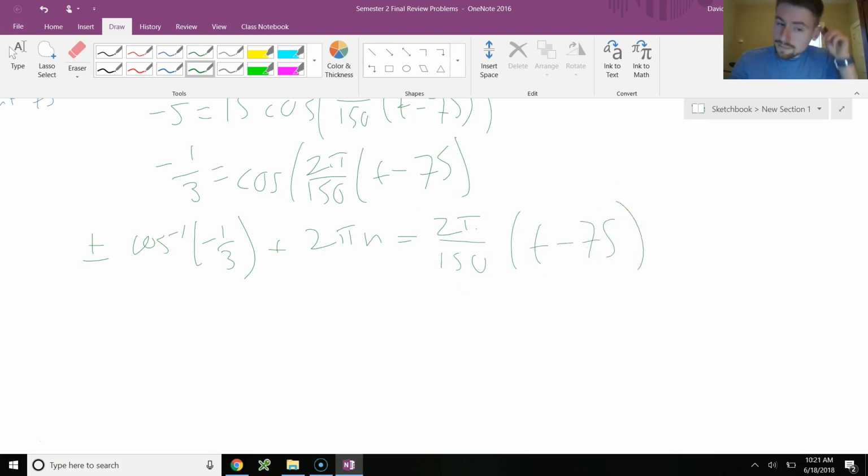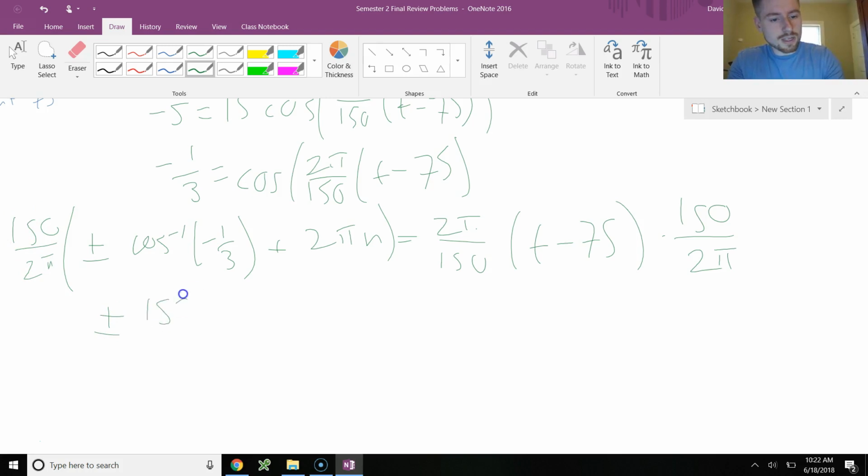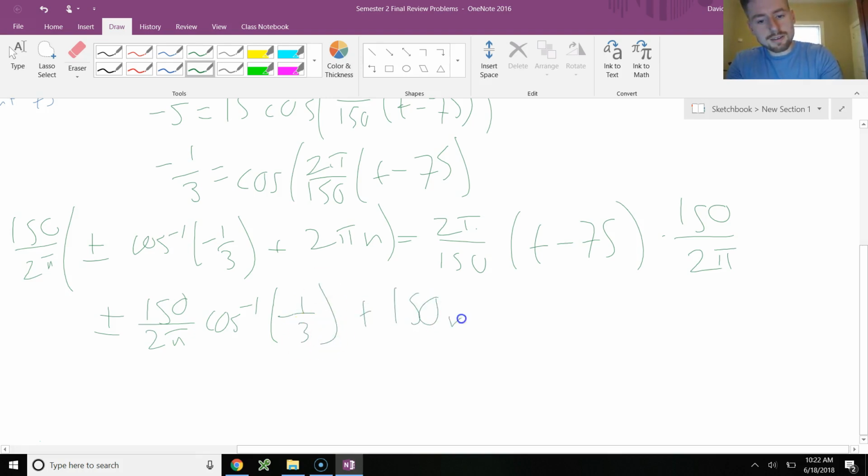We're getting there. We multiply both sides by 150 divided by 2 pi, so we get plus or minus 150 over 2 pi cos inverse of negative 1/3 plus 150n equals t minus 75.